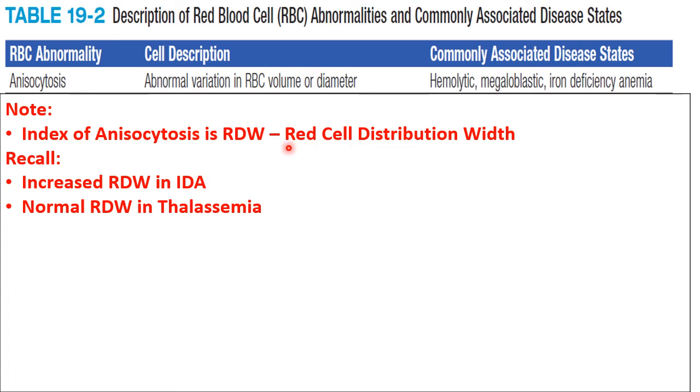Okay, ito makakapagsabi kung madaming or may increase or decrease anisocytosis present in the blood specimen. Recall lang natin, no, RDW is also used to differentiate IDA and thalassemia. Increase ang RDW sa IDA, normal ang RDW sa thalassemia.